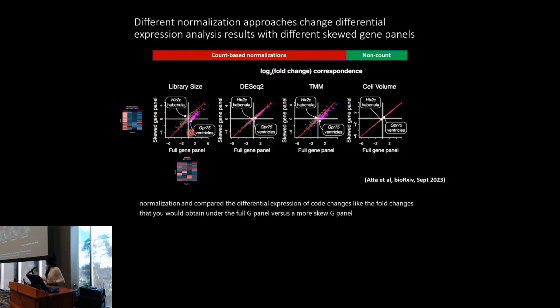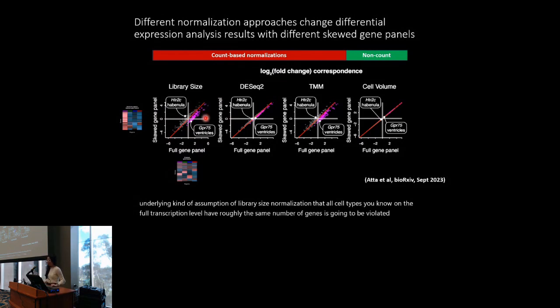And understandably, because we've skewed the gene panels to be particularly enriched in a particular cell type, the cells of that cell type are going to have a lot more genes detected just because we designed the gene panel to focus on that cell type. So therefore, the underlying assumption of library size normalization, that all cell types, on a full transcriptome level, have roughly the same number of genes, is going to be violated.